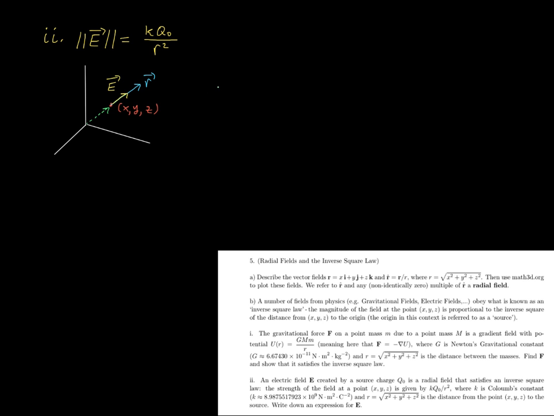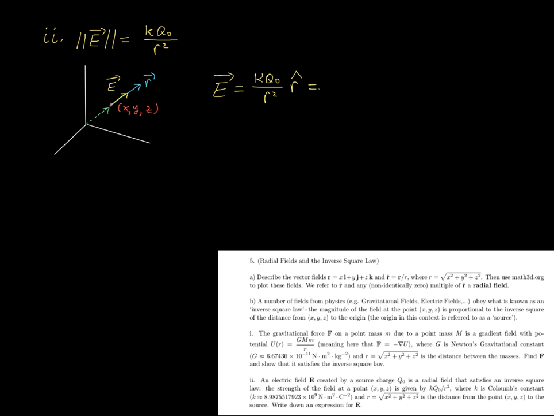All right, so here's the idea. For E, we know its magnitude, right? It's right here, and we know it's pointing in the direction of this position vector r. And so what I can do is just take kQ naught divided by r squared, its magnitude, and multiply that by the unit vector in the direction of r. So in other words, I could write that as just r hat.